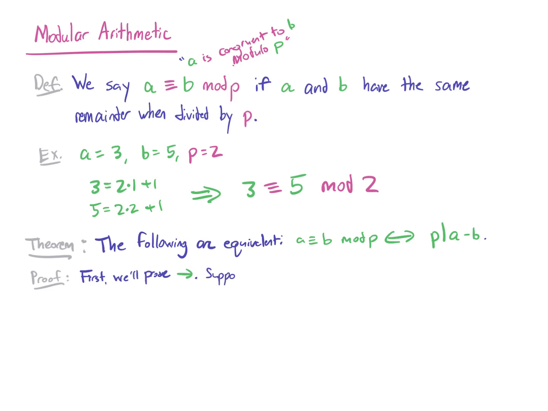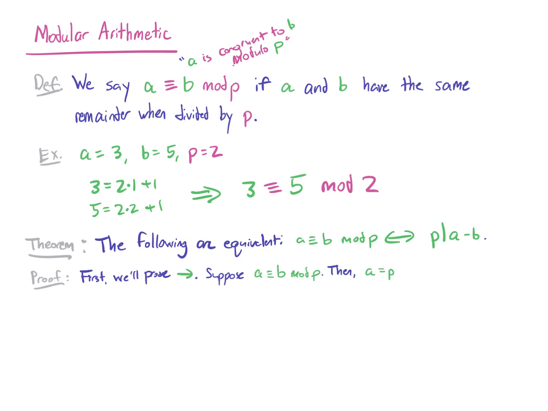So, suppose that A is congruent to B mod P. What I want to show now is that this implies that P divides A minus B. So what do I know if A is congruent to B mod P? I know by definition that A and B have the same remainder. So let's operationalize that.